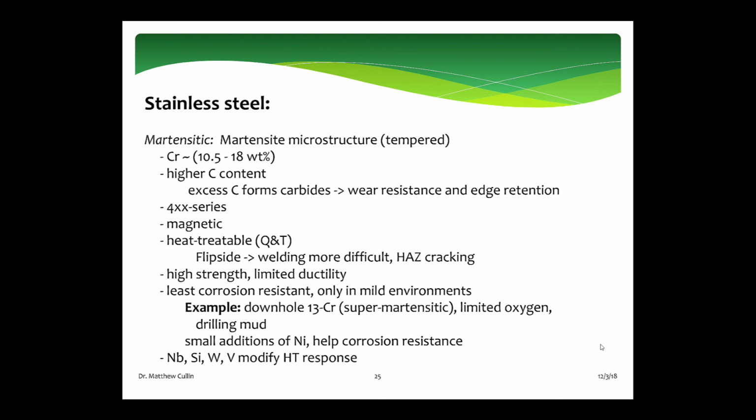So high strength, limited ductility. These tend to have the lowest corrosion resistance. Ferritic and austenitic stainless steels tend to have much better corrosion resistance, but they have pretty abysmal strength characteristics. One example would be 13 chrome, which is used extensively in downhole applications.